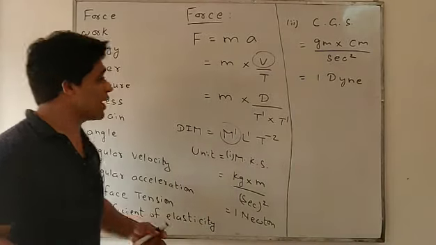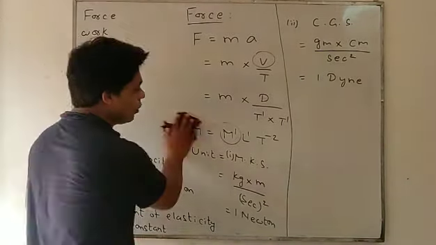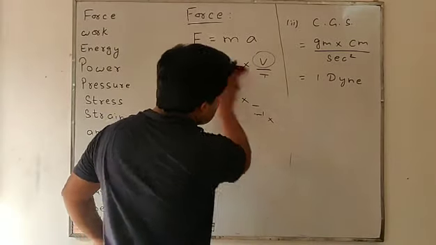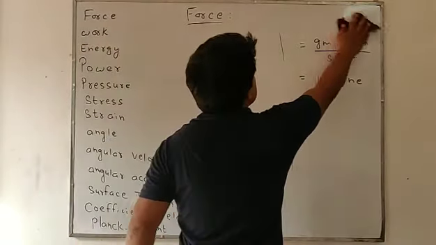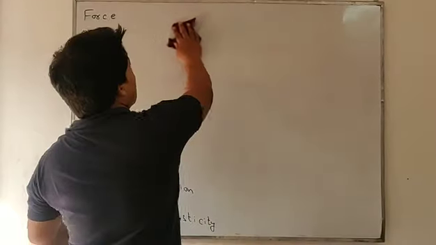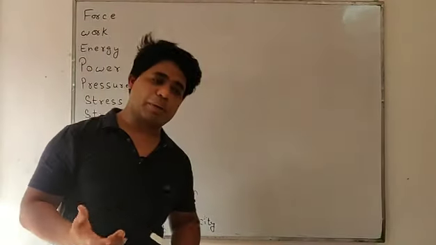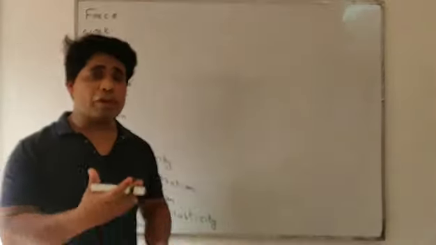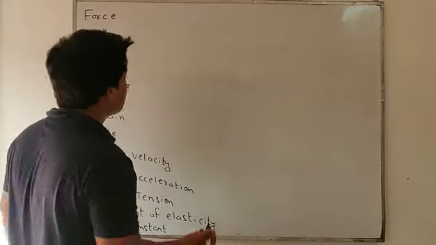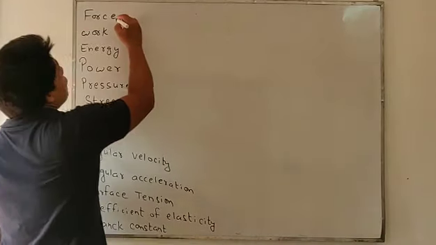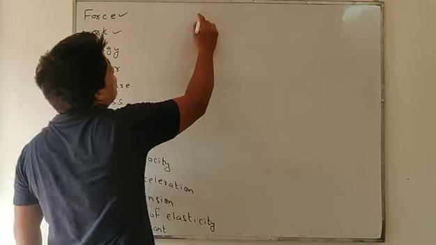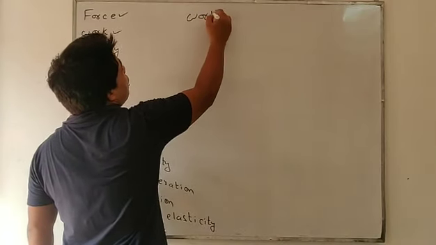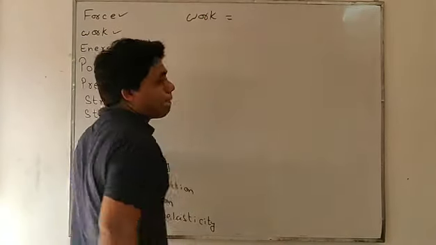Now I'm going to find the second one, that is work. Look at students, first of all again we need only the formula. We'll not discuss it in depth. We'll require only the formula for finding unit and dimension. What is the formula of work? Simple.